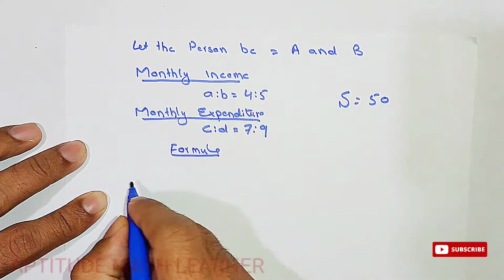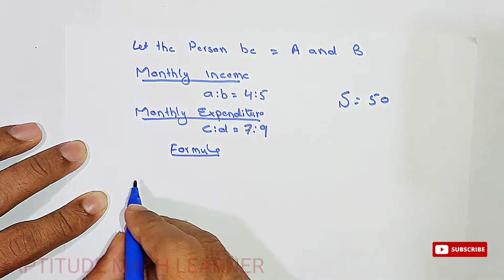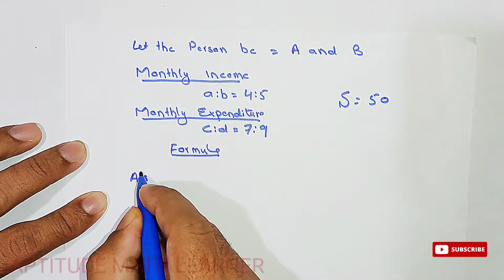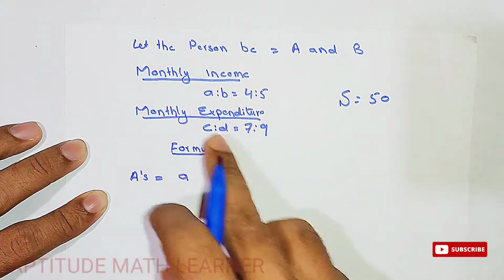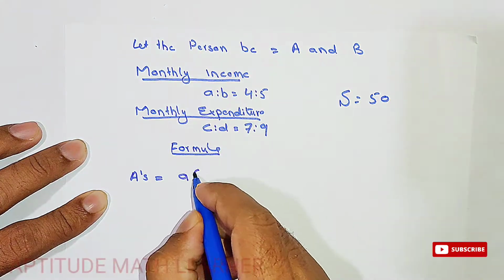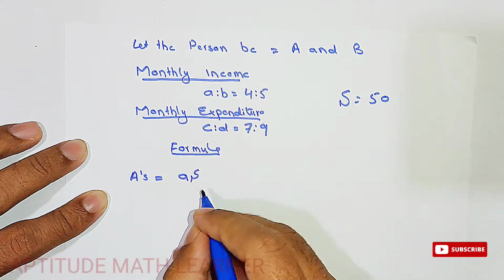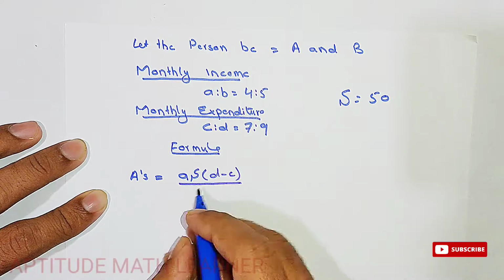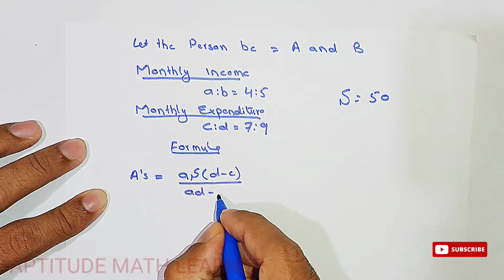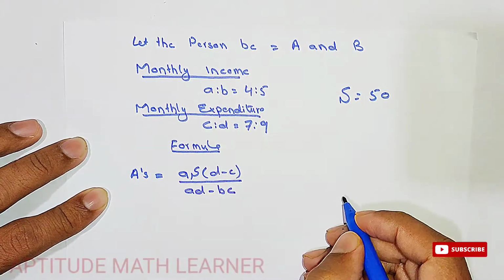For A, this is the income of A: multiply by saving, D minus C upon AD minus BC.